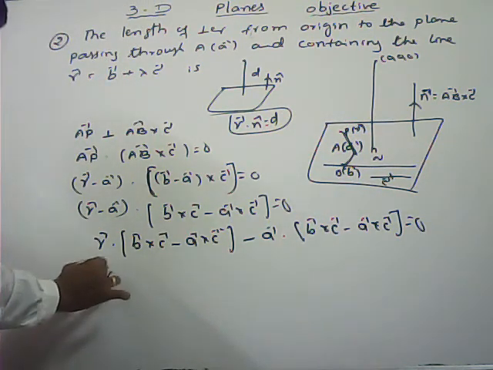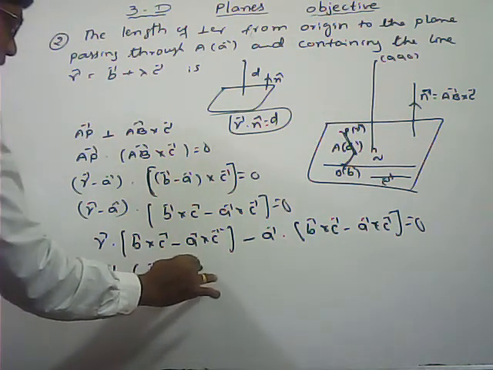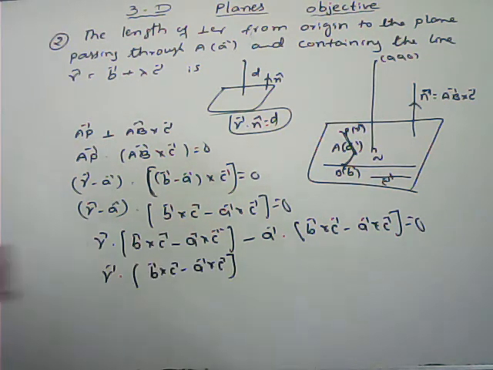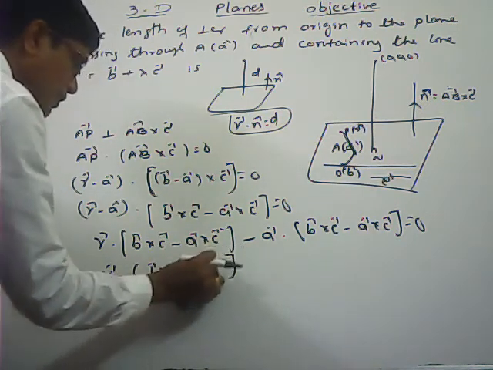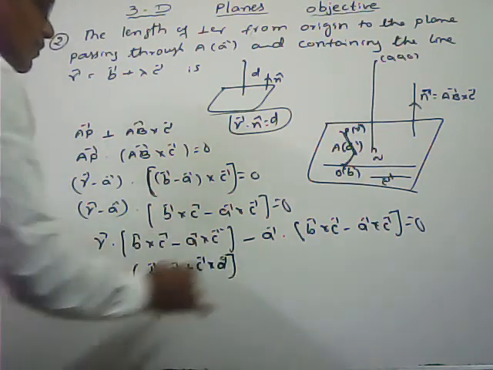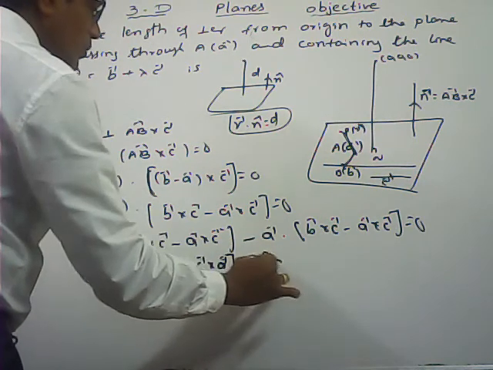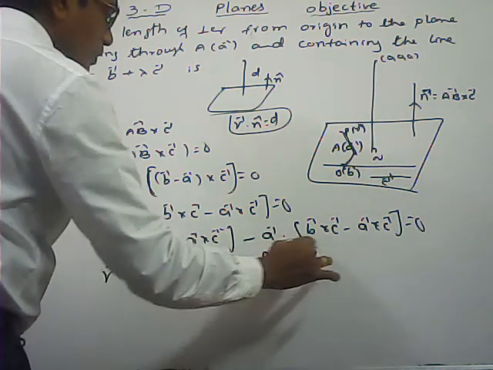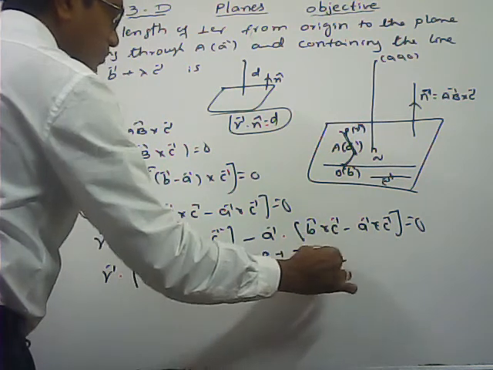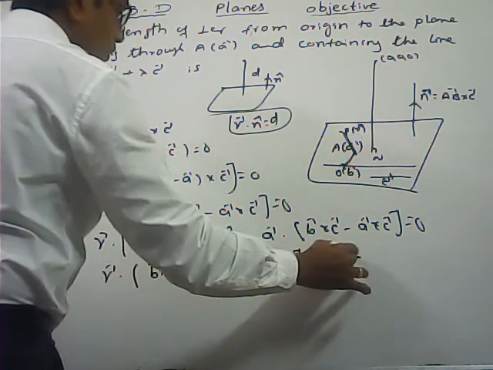Now R bar dot B bar cross C bar minus A bar cross C bar, minus A bar cross C bar we can write as plus C bar cross A bar. Now here A bar dot B bar cross C bar is nothing but box ABC. Minus into minus plus A bar dot A bar cross C bar is nothing but box AAC. If any two vectors are equal, its box equals 0.